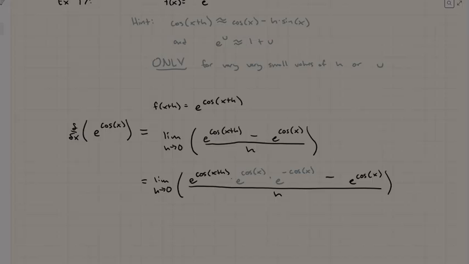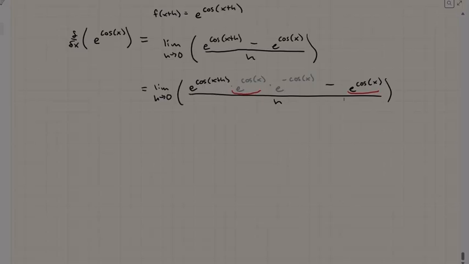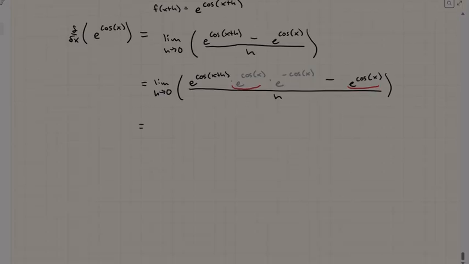All right, now the reason for doing that is that we want to factor these things out. So then we're going to have the limit as h goes to 0. Now e to the power of cosine x, we're going to factor that out. And also remember, when we have two exponents, same base multiplied, we can combine their exponents.